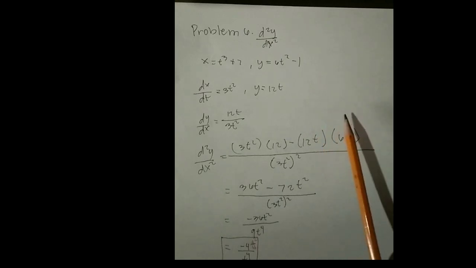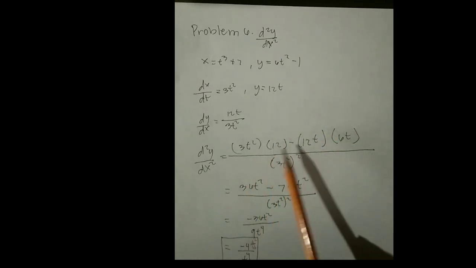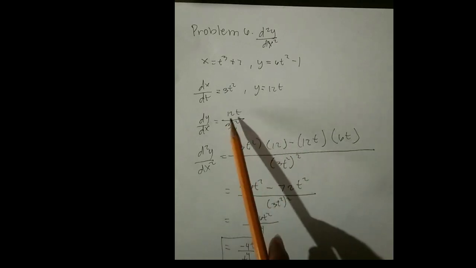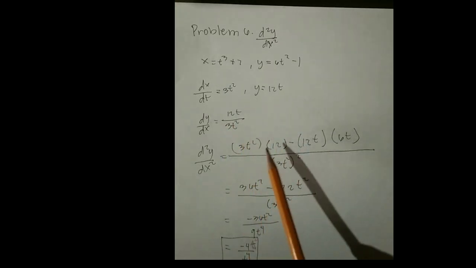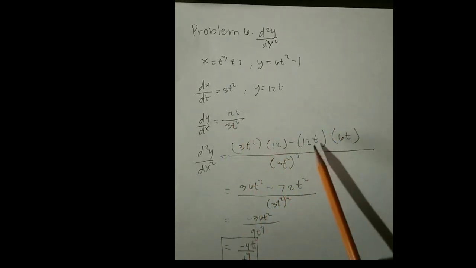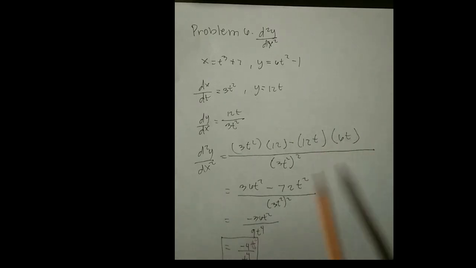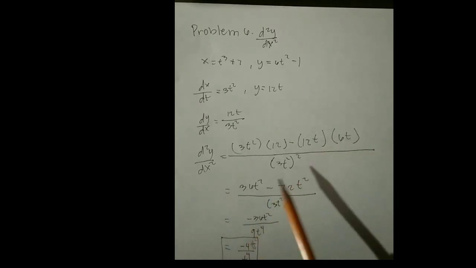So next, we need to multiply. 3t squared times 12 is 36t squared, minus 12t times 6t is 72t squared, over 3t squared raised to the power of 2.